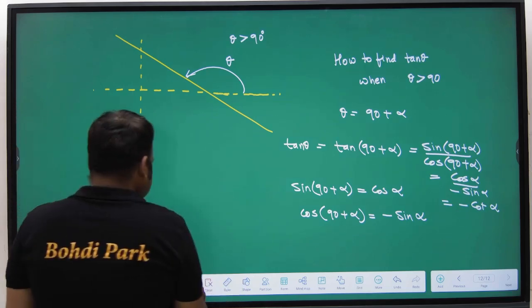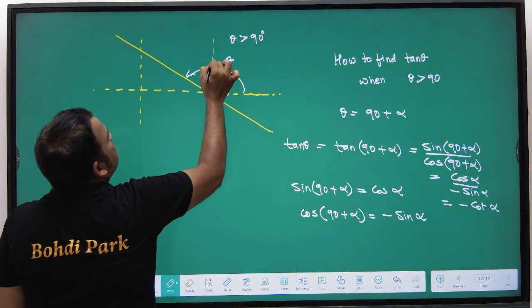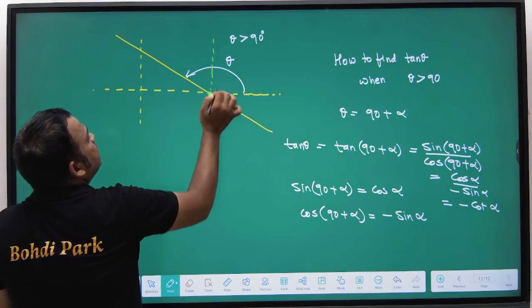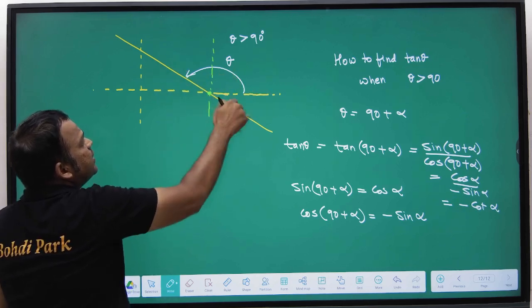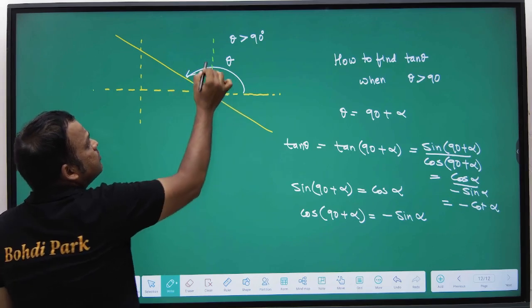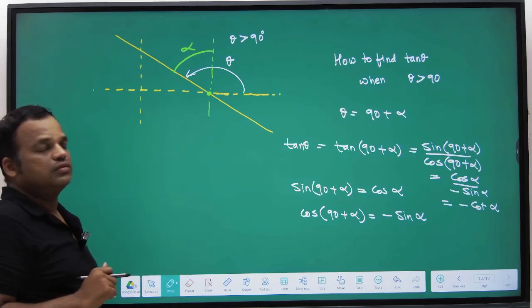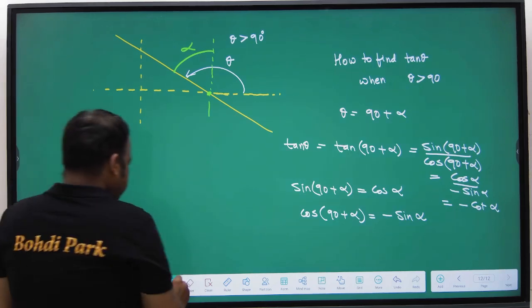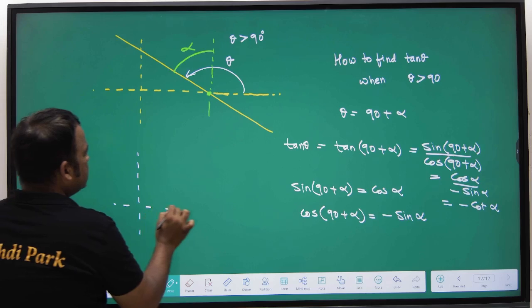So suppose you draw one vertical line at the point on the x-axis where the straight line is meeting the x-axis, then this angle will be alpha. Let's consider one straight line.